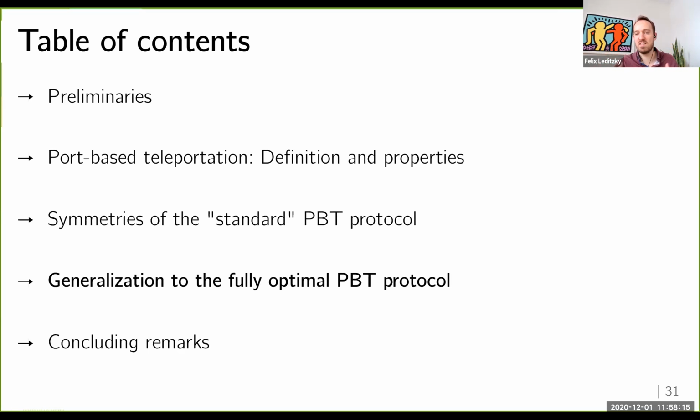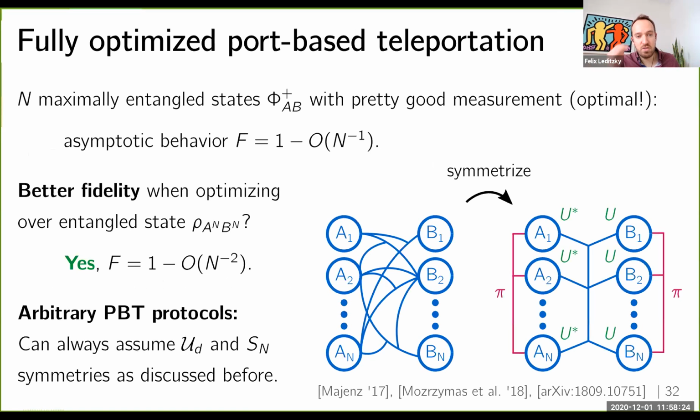Then we detected the symmetries in this port state, and that allowed us to compute the entanglement fidelity, or the success probability in the state discrimination problem. So in theory, one might think that you could achieve an even better fidelity if you try to optimize over the port state instead of fixing it to be a specific thing.